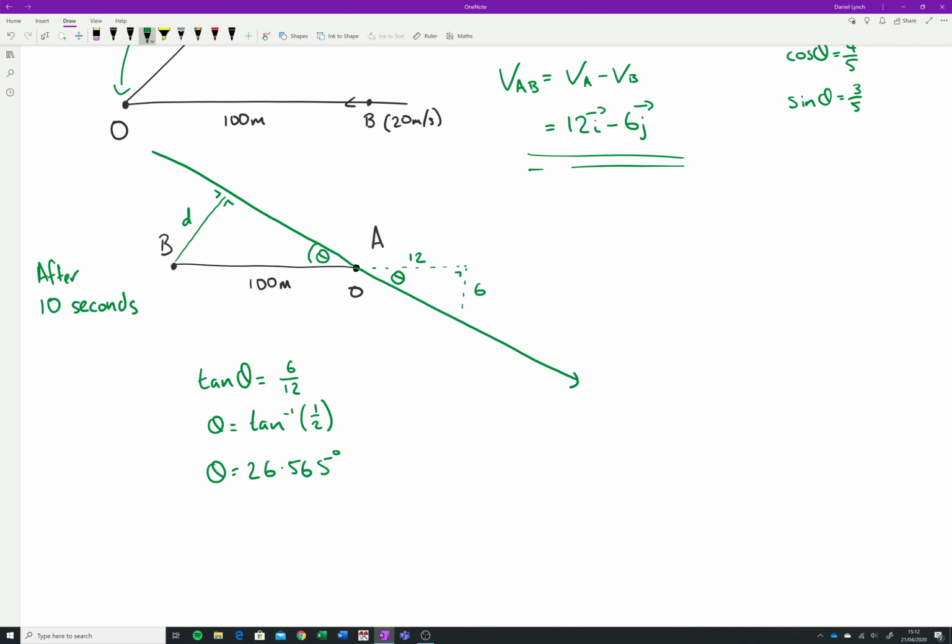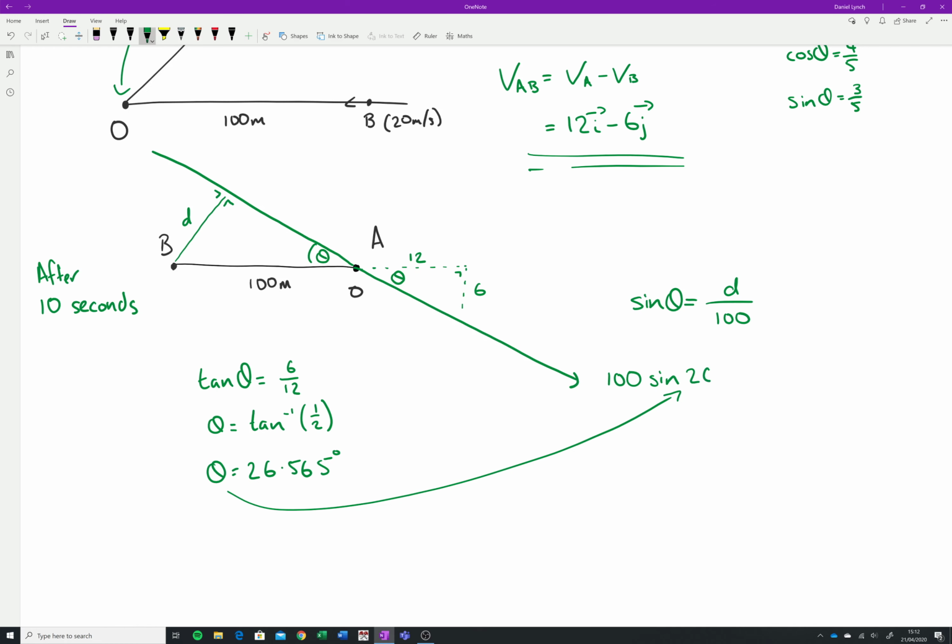And now we can actually figure this out. If we know what theta is, then in relation to theta, D, the thing that we want, is the opposite, and we have the hypotenuse. Opposite and hypotenuse is sine. So sine of theta is equal to opposite D over hypotenuse 100. So we get D equals 100 times the sine of theta. You can just keep theta in your calculator from when you did it there.